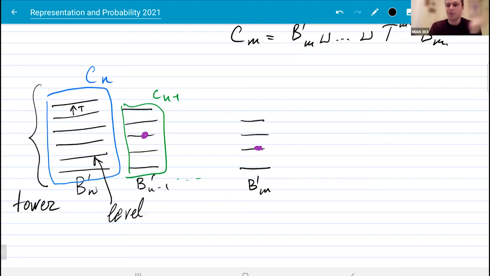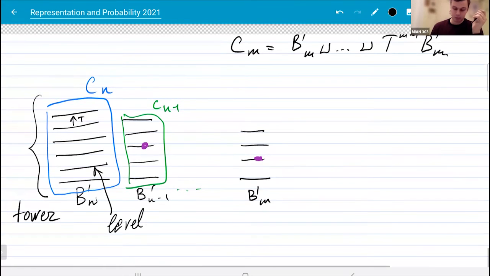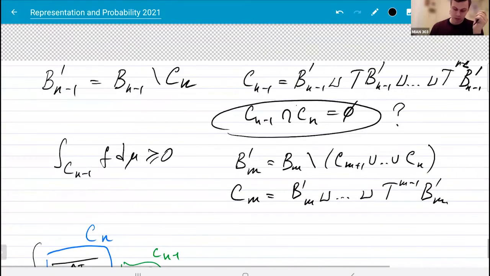So maybe it is better to call it a skyscraper, but the traditional name is tower. I want to prove that all levels of all towers do not intersect. What do I already know? First of all, I know that the levels of the same tower do not intersect. This was proven just a few minutes before.